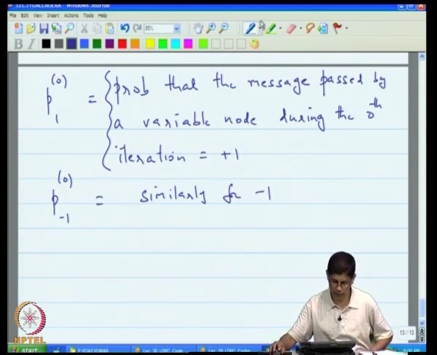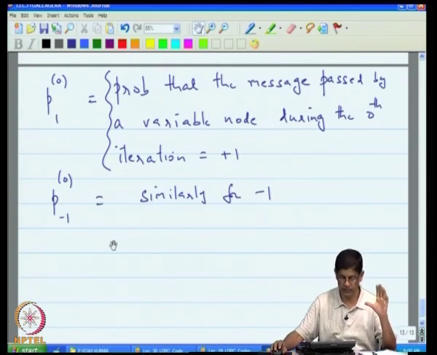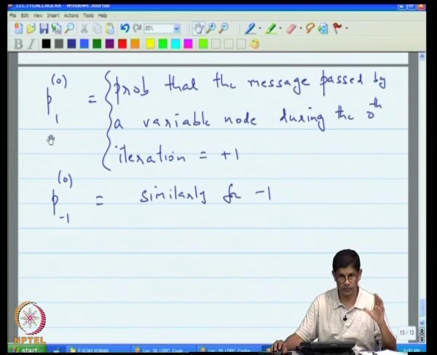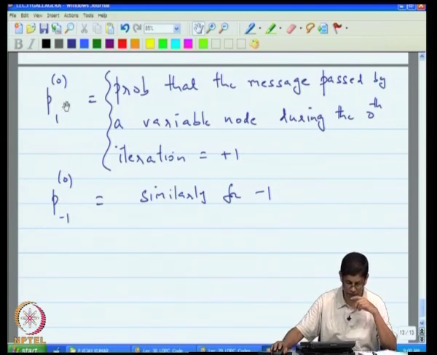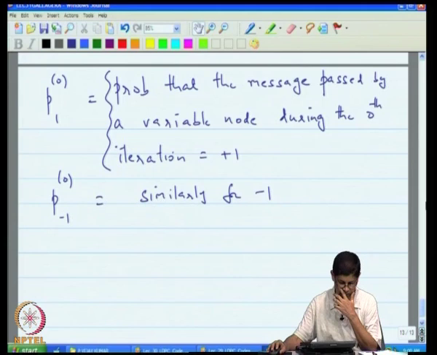So, here, earlier we had used V and C to denote the variable and check nodes, but here we are going to distinguish between variable and check nodes with regard to the probability distribution by using letters P to denote probabilities associated with variable node messages and Q for check node messages.